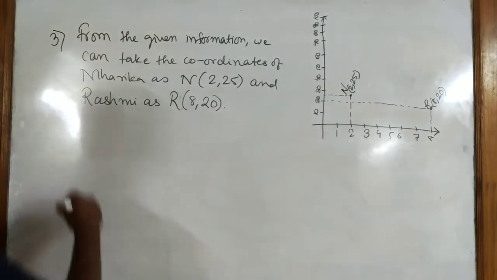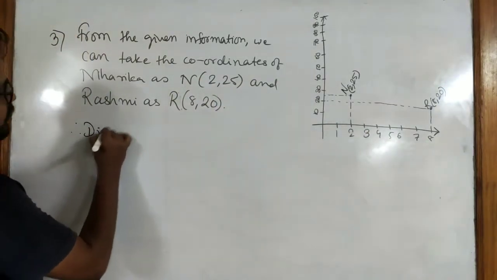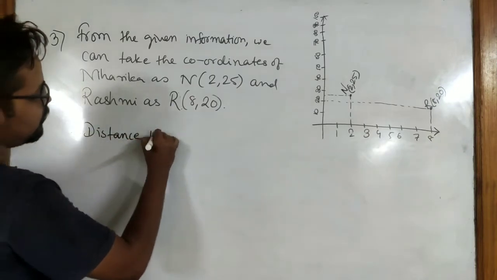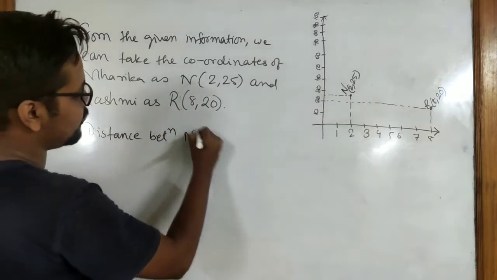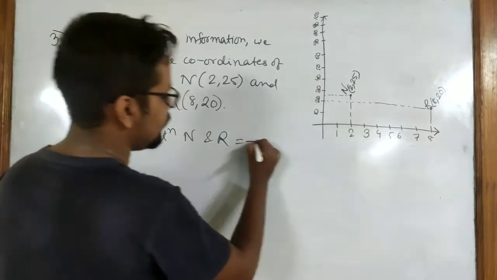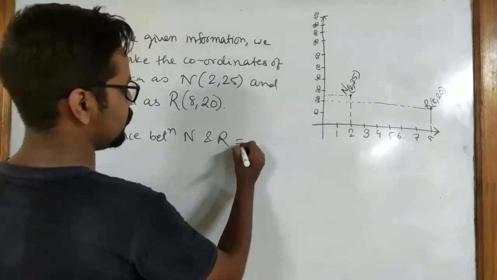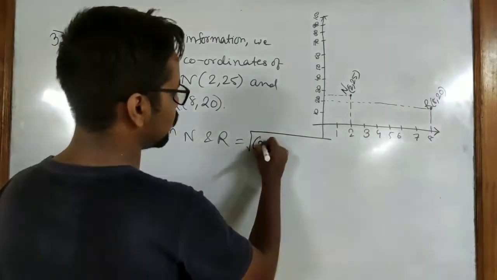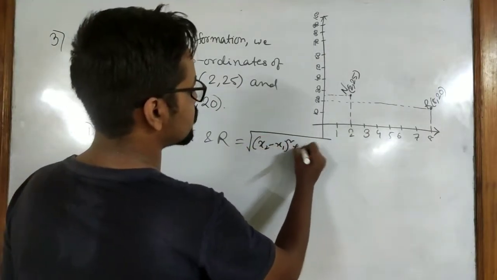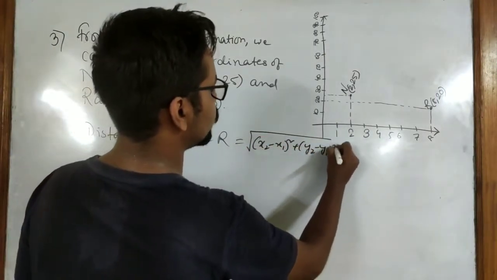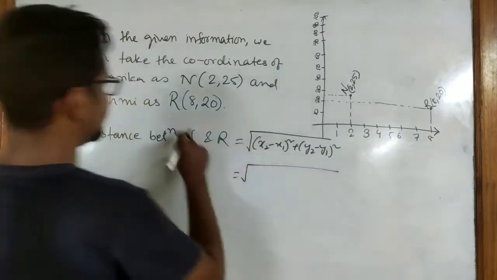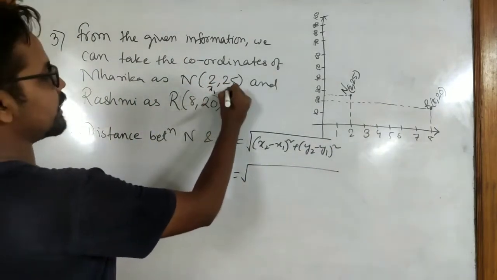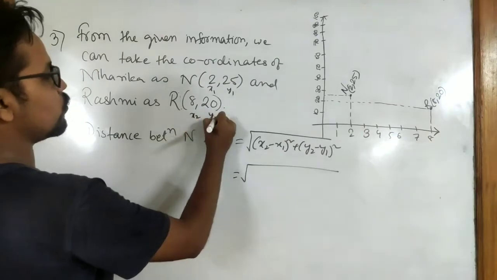Therefore the distance between N and R is equal to, we know the formula, square root of (x2 minus x1) whole square plus (y2 minus y1) whole square. So here this is x1, y1, and this is x2, y2.